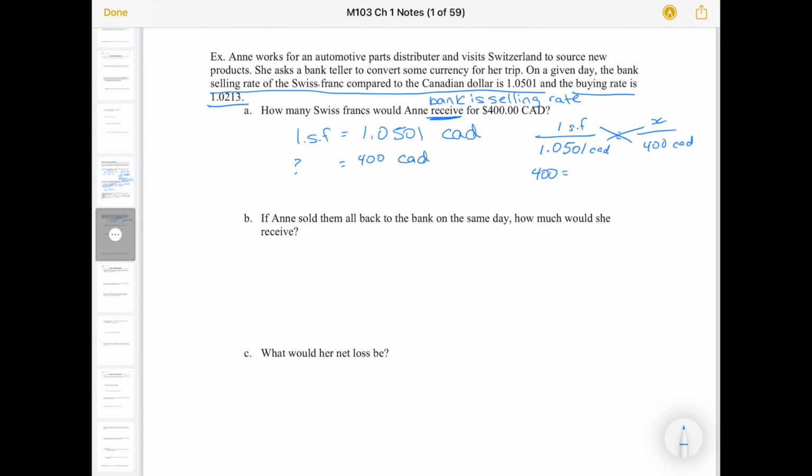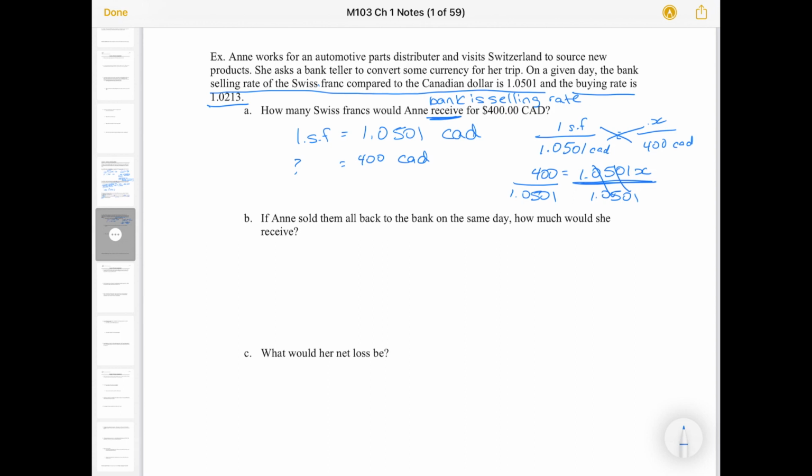So that would give me 400 equals 1.0501 times my unknown. Well, I am multiplying here, so I need to do the opposite of multiplying, which is dividing. That's going to get rid of that funky decimal, and I'm going to have my unknown all by itself.